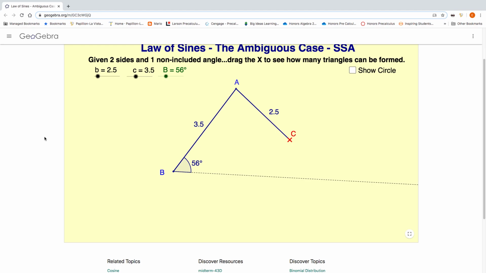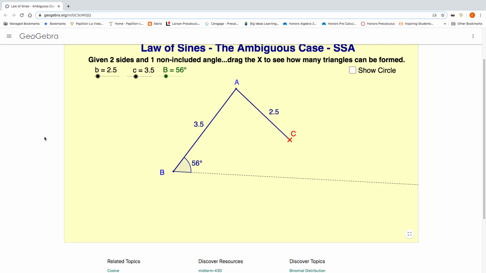The other option is side, side, angle. When you learned triangle congruence postulates back in geometry, side, side, angle was not a congruence postulate. If in two different triangles, two pairs of sides were congruent and an angle not included between the sides was congruent, you did not know that they were actually congruent triangles.